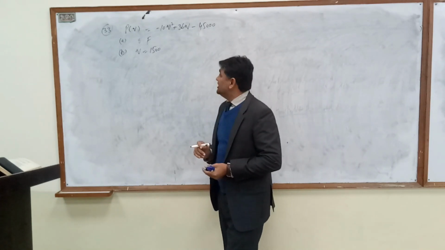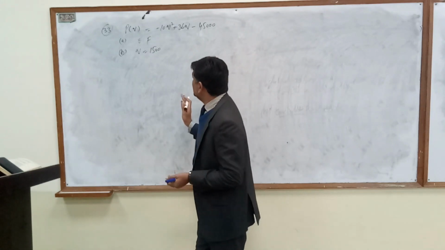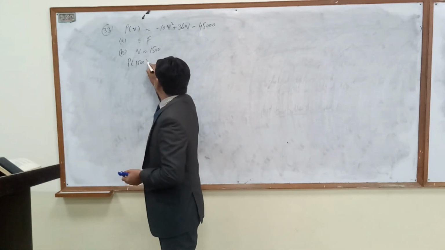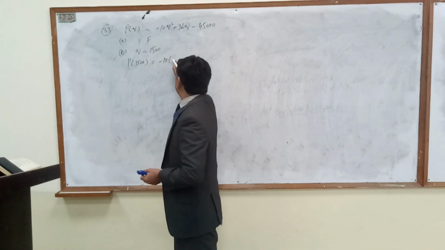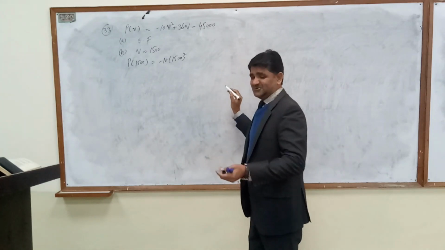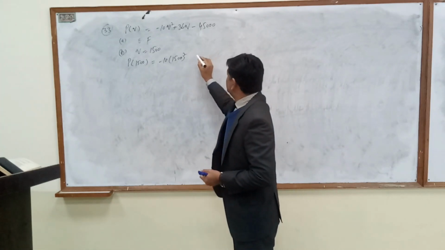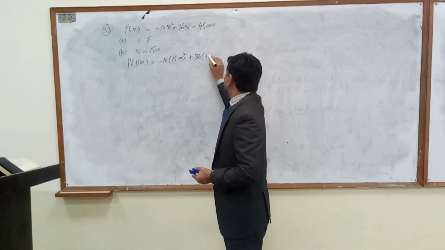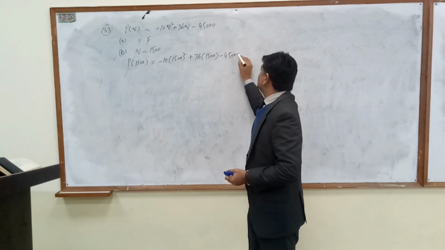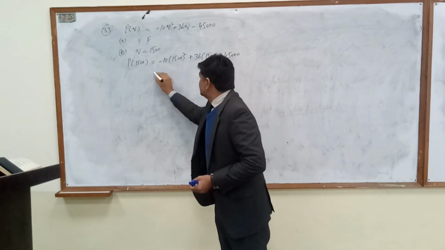If we have a positive value, then it's a profit. So P of 1500 is equal to minus 10 into 1500 square plus 36 into 1500 minus 45,000. You have to use your calculator.